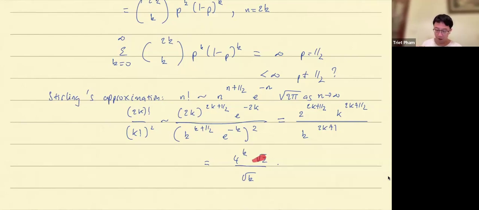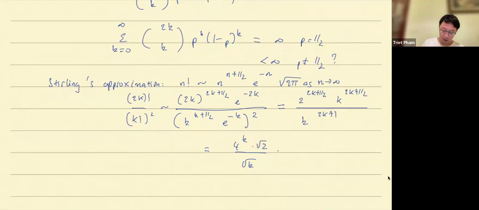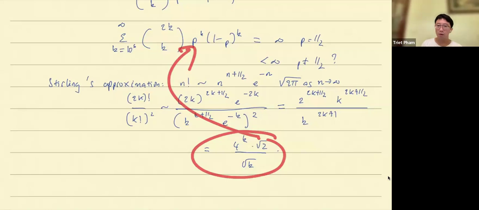Again, the constant won't matter, but notice that a sum will converge or diverge only depending on the tail end, when k is large. Meaning that you can reduce this to k starting from 1,000,000 or so, because the first 1,000,000 terms don't matter in terms of convergence or divergence. So we can just plug in the Stirling approximation here.